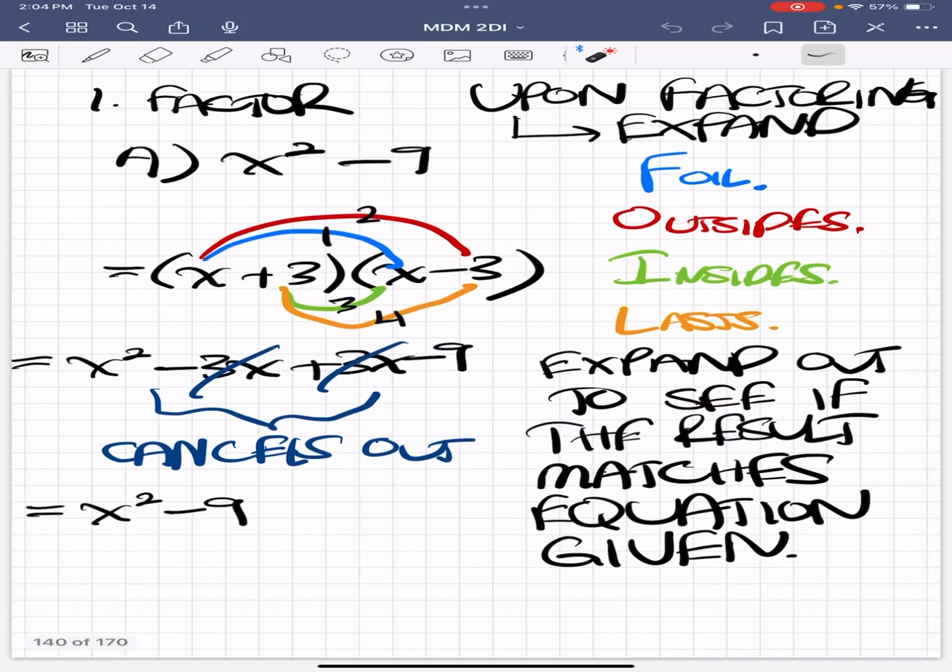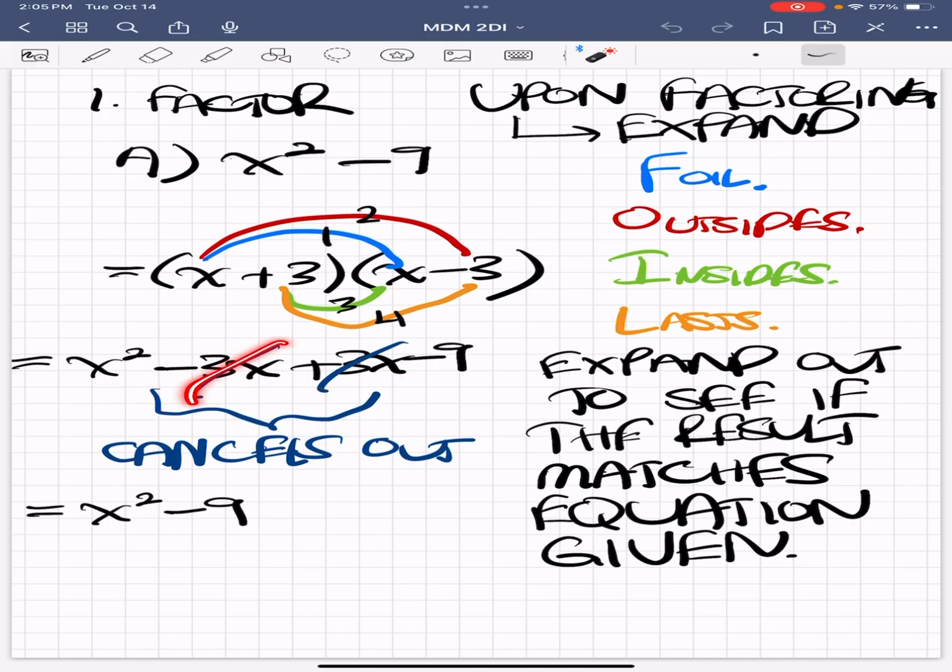And we'll be on. So we have a question that's already been answered. We have x squared minus 9, so we have (x plus 3) and (x minus 3). And then we use our FOIL technique to expand out. So we have x squared minus 3x plus 3x minus 9.